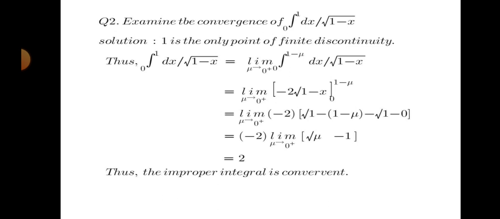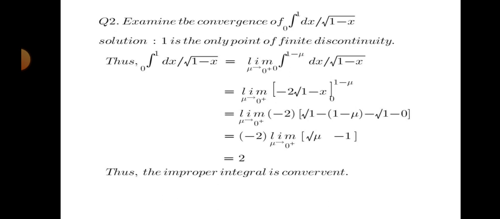Thus, the integration of 1 by under root of 1 minus x from 0 to 1 is equal to the limit of the integration of 1 by under root of 1 minus x from 0 to 1 minus mu when mu tends to 0, which is equal to the limit of minus 2 into under root of 1 minus x from upper limit 1 minus mu to lower limit 0 when mu tends to 0.